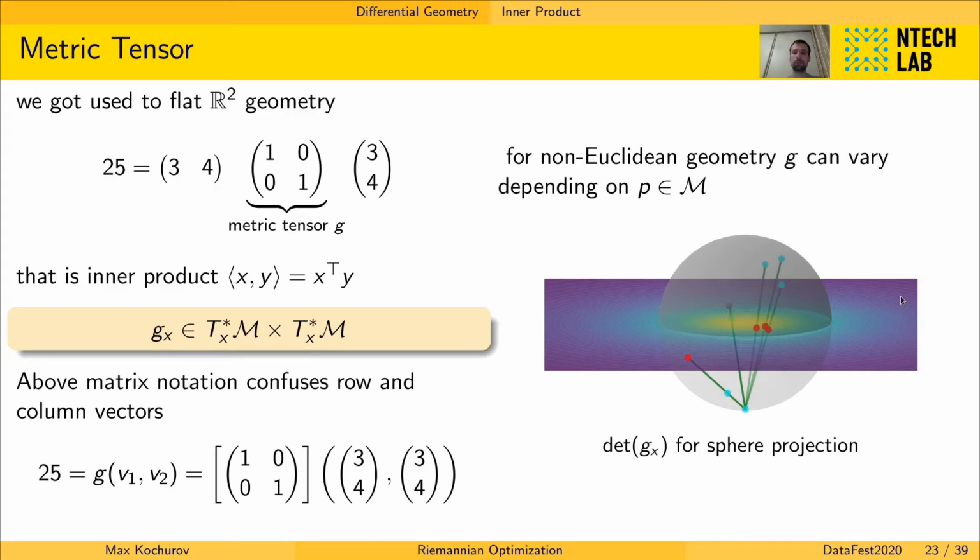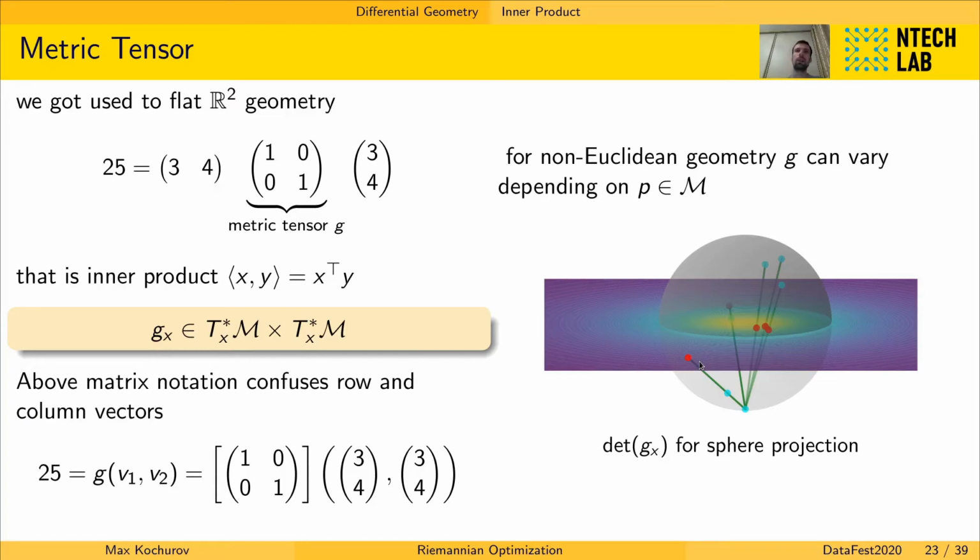If we compute the determinant of the metric tensor for this particular sphere projection, we see this picture. It's changing, it's not constant.